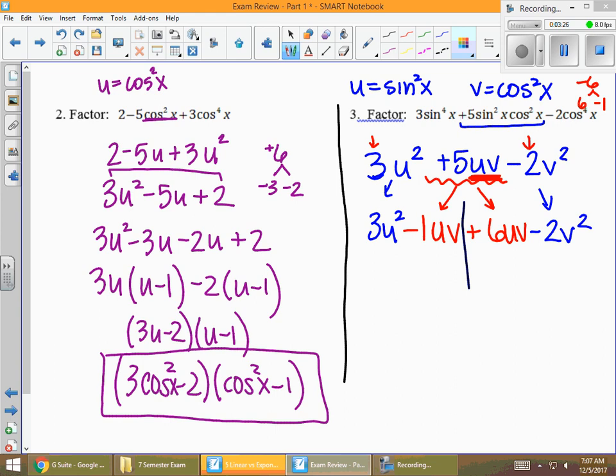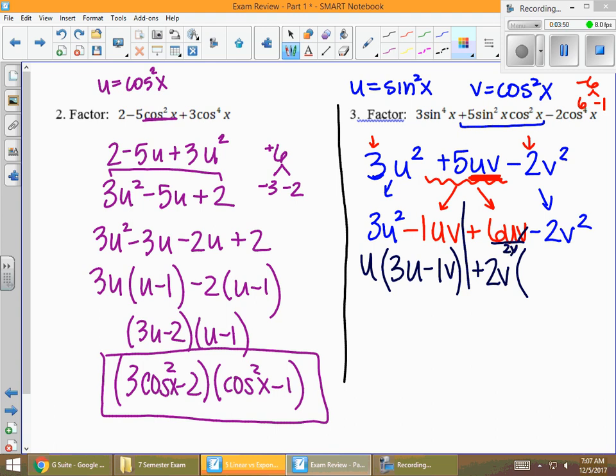My first two terms have just a u in common. My second two terms, 6uv and negative 2v squared, have 2v in common. When I divide out the 2v, and remember, factoring is just division, if it helps you to write divide by 2v there, you absolutely can. I think that visual is helpful.